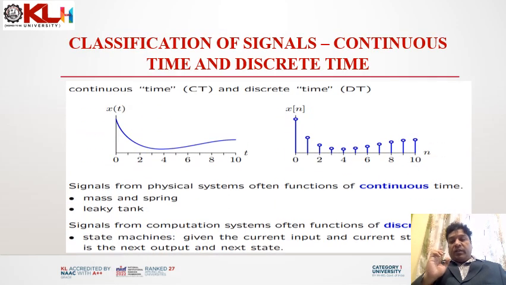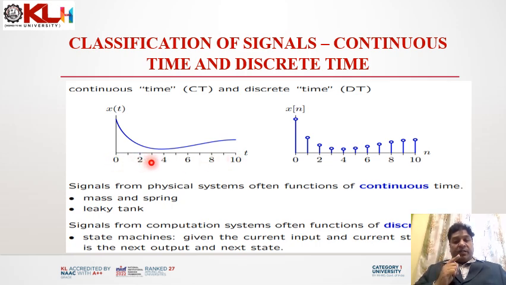Now we are going to study a very important topic here, which is classification of the signals. We are going to start with the basic classification, which is continuous time signals, x of t, versus discrete time signals, which is here on the other side, x of n. The continuous time signals are functions of continuous time, where t is a continuous time variable.